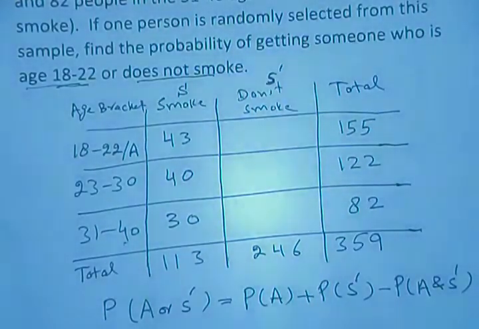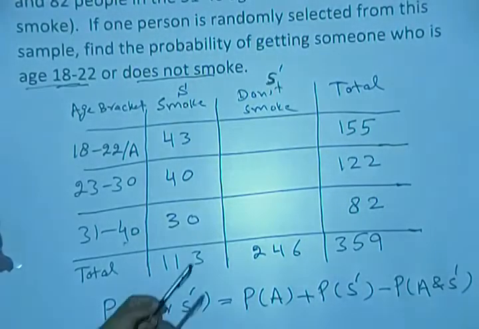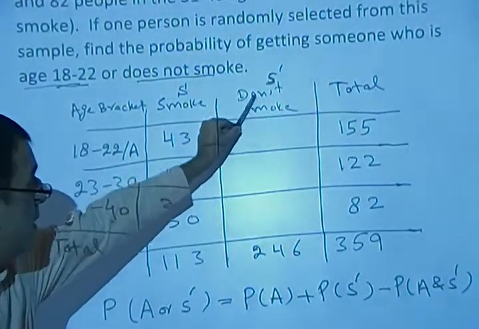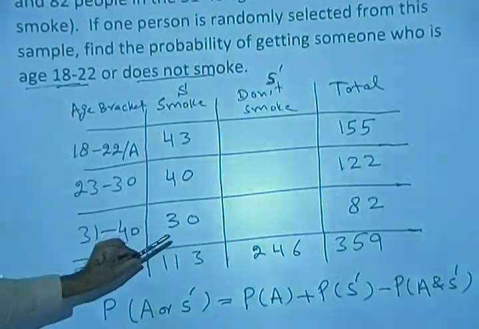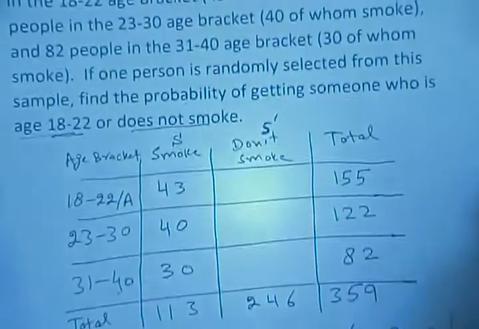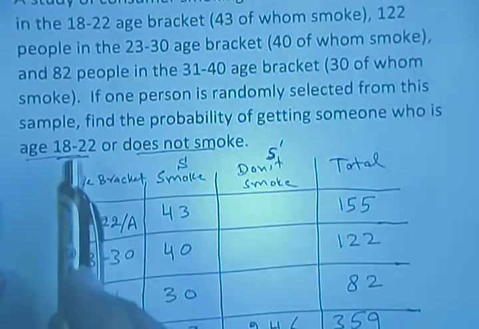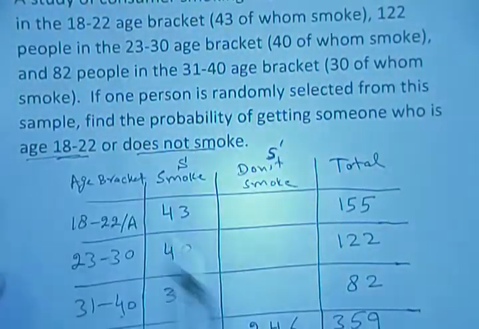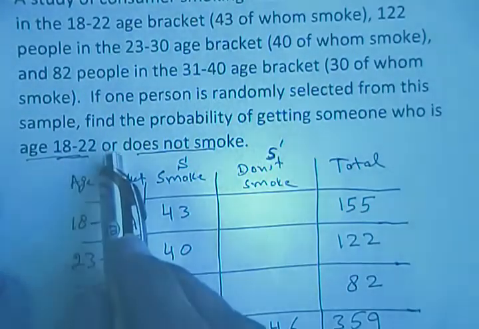Is it age 18 to 22 and does not smoke, or does not smoke? You see, the last line of the problem says age 18 to 22 or does not smoke. So we have to find either in this age group or does not smoke.